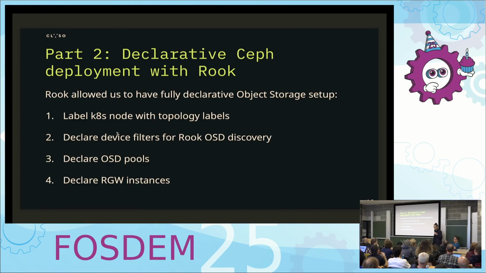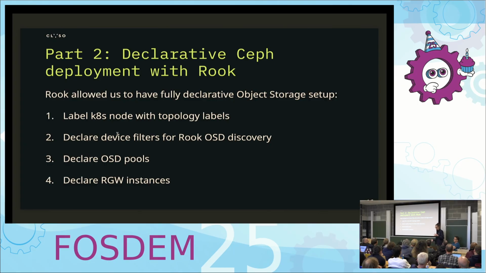So I mentioned that from the start, we were not able to do configuration declaratively, but now it's possible. So what do Ceph deployments with Rook look like? You have a Kubernetes cluster with the nodes, with machines, which will be your Ceph nodes.